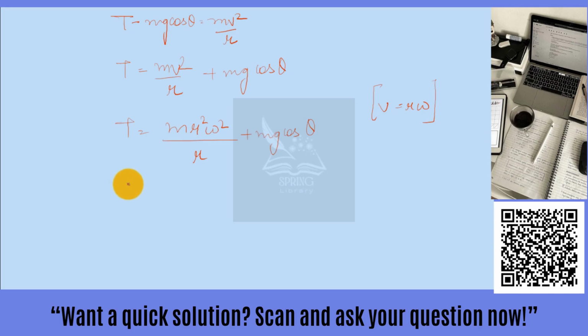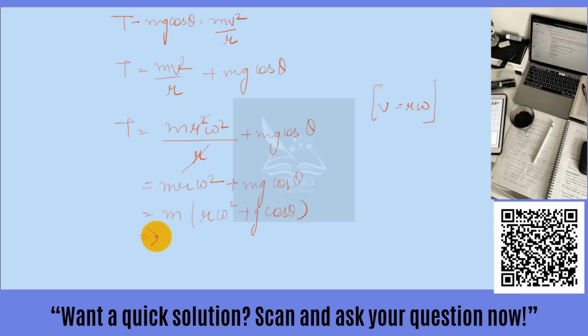Now we can cancel r with r, we get m r omega square plus mg cos of theta. Hence we can take common m and we get m times r omega square plus g cos of theta.